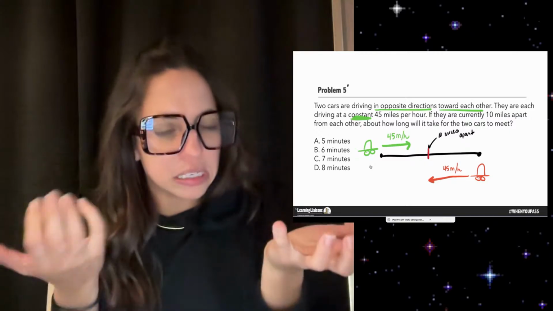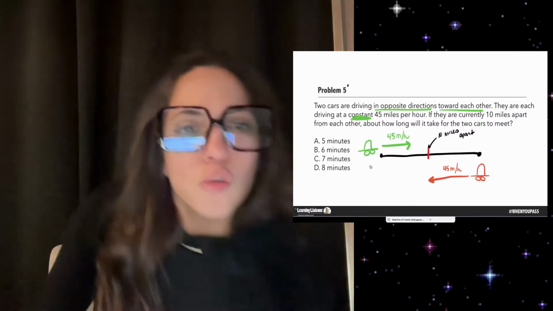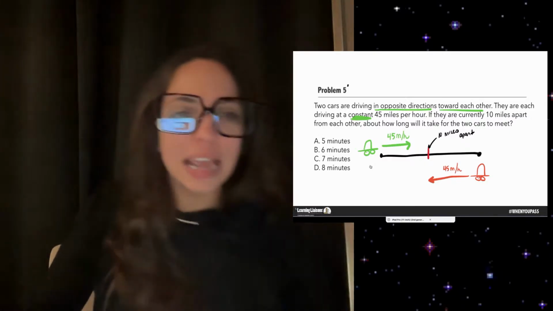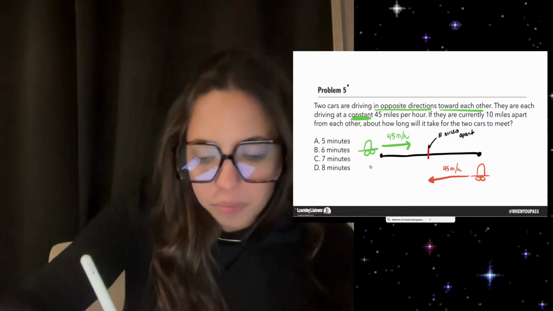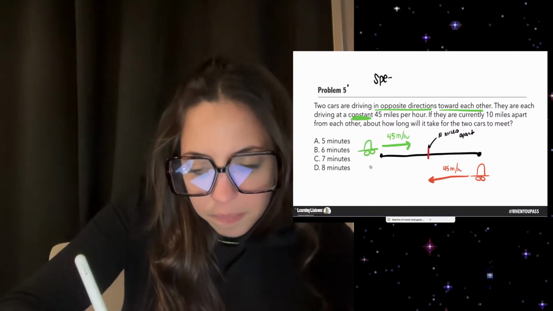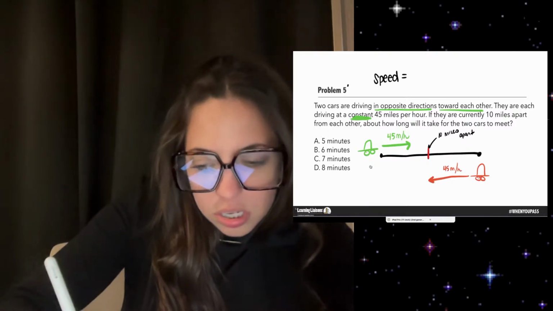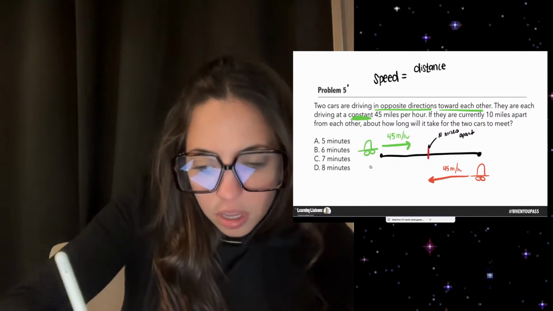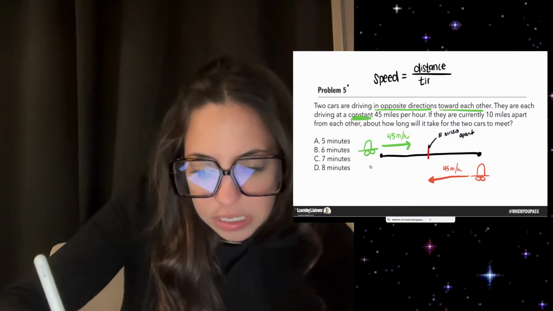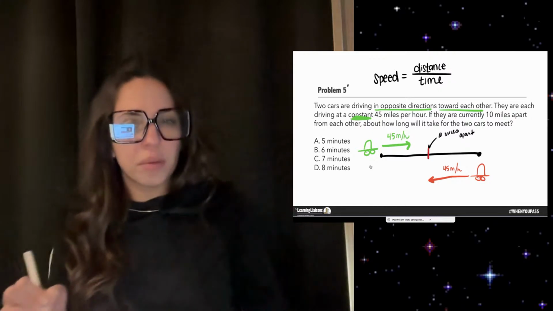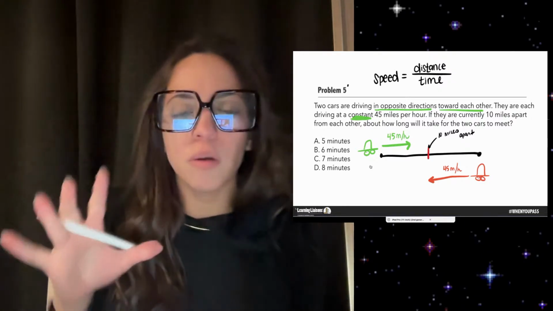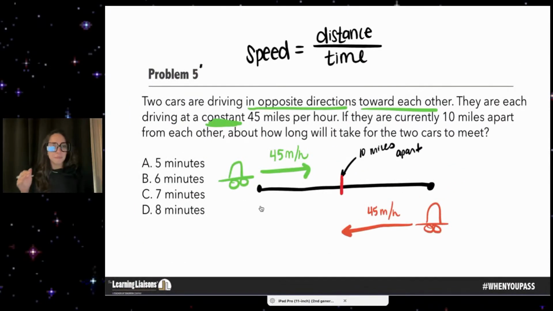Does that make sense? So really what I can do is use my speed equals distance over time formula, and that's a good formula for most of us to know. Speed equals distance over time.